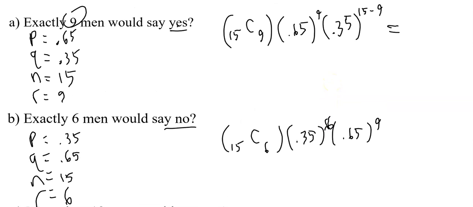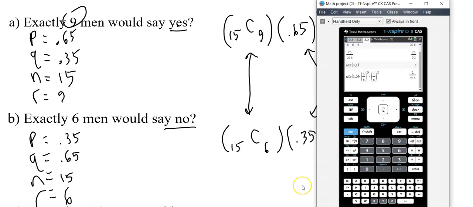And what's interesting about this one, I don't know if you see it, these two are actually the same. And I think these are the same. Let me double check that. Let's just kind of think that through. nCr 15, 9, nCr 15, 6.